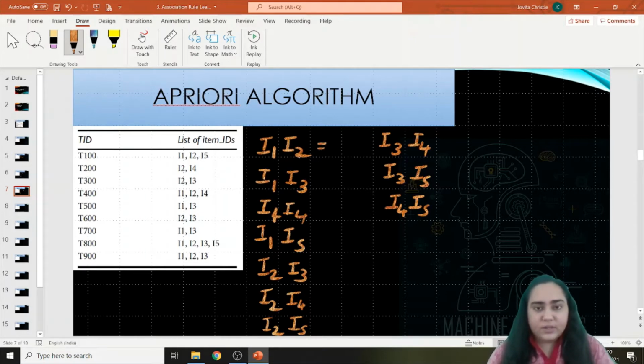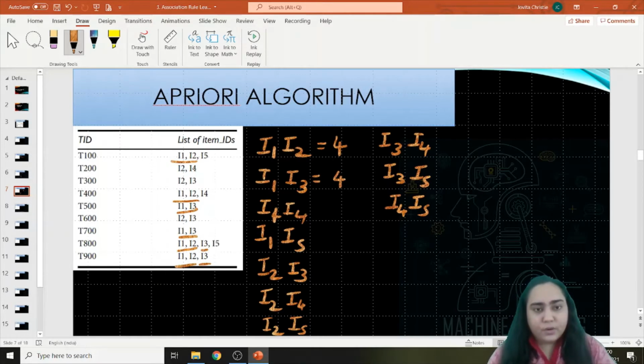Now let's calculate the support count. So let's say I1 and I2. So I1 and I2 appear in all these places, and so the support count is going to be 4. I1 and I3 are appearing in these places. So let's just count that: 1, 2, 3, and 4. This is also 4.